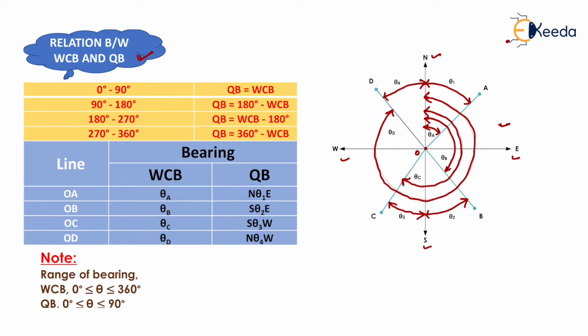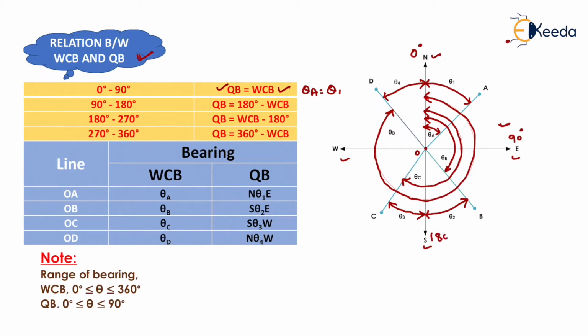Now if the line lies in the quadrant of 0 to 90 degree, then quadrantal bearing is equal to whole circle bearing. Here theta A will be equal to theta 1, that is when the line lies in the first quadrant, that is 0 to 90 degree, then whole circle bearing and quadrantal bearing will be same.